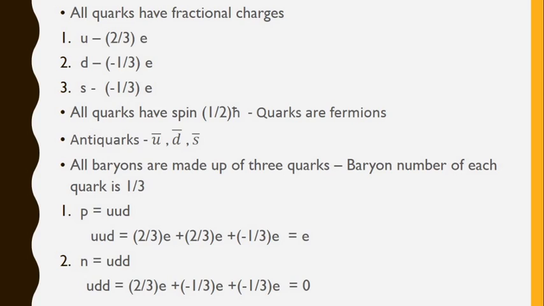That means the charge of the neutron is 0. So the examples for baryons are proton and neutron, having quark composition P equals UUD and N equals UDD. So all the baryons are made up of 3 quarks.